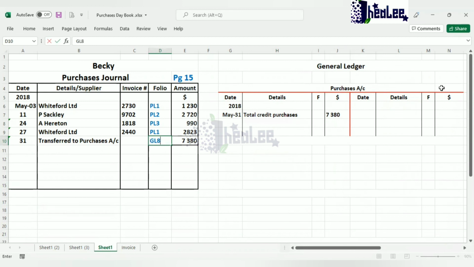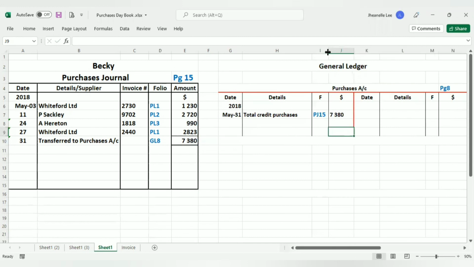So in the general ledger, we put the page number on the purchases account, and that is PG8. To complete the folio in the purchases account, where did we get this total credit purchases from? We got it from the purchases journal, and that is page 15. That basically completes the lesson on preparing folio references for credit purchases.